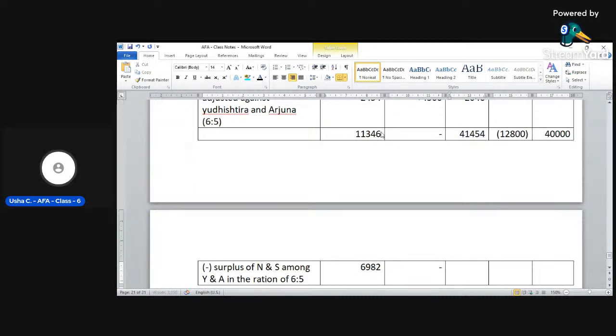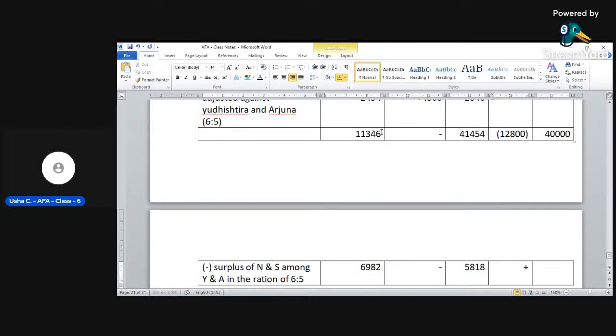We are adjusting against only Yudhishthira and Arjuna. So for Arjuna, it is 12,800 into 5 divided by 11, which is 5,818. Correct.